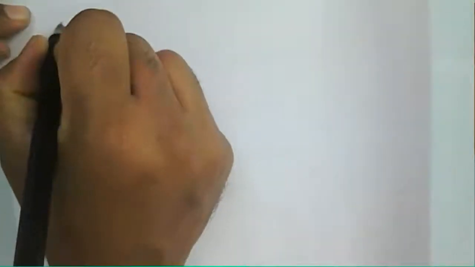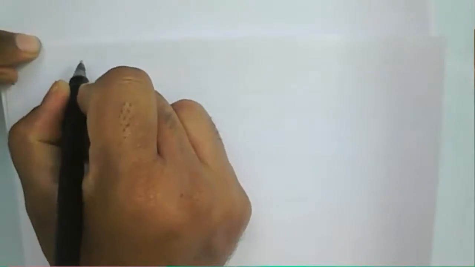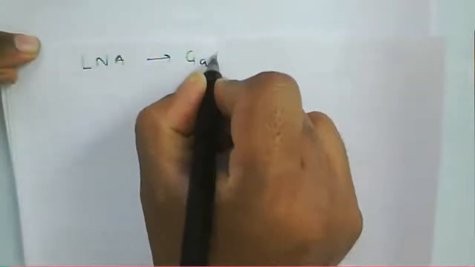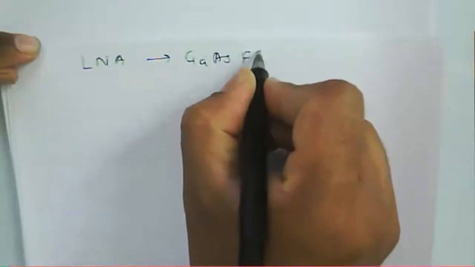Then we consider again the low noise amplifier. The low noise amplifier is used at a receiver. Generally a gallium arsenide FET is used in a low noise amplifier.